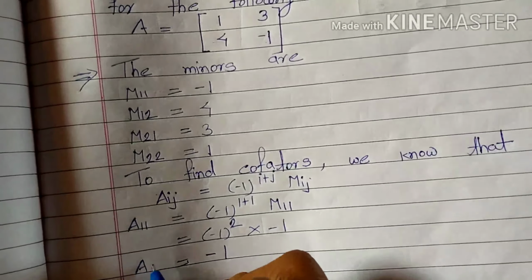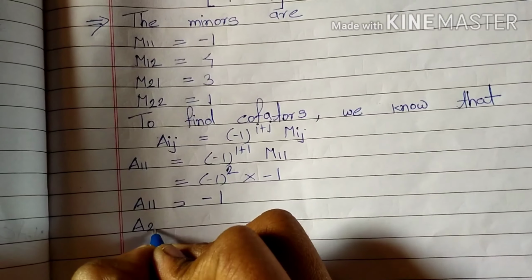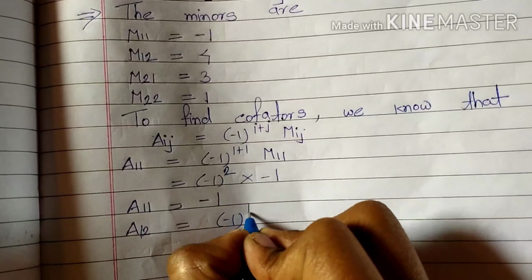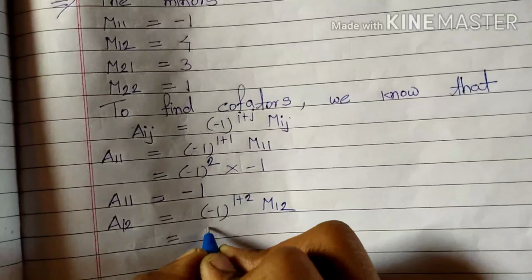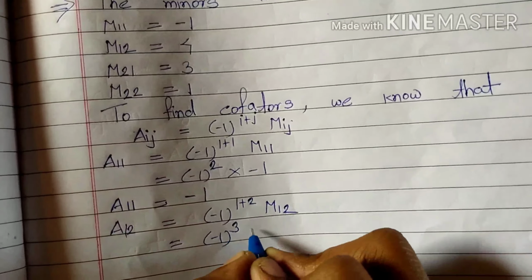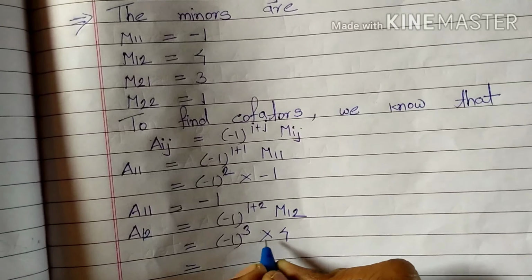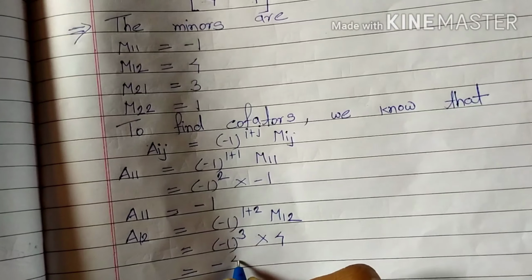So first cofactor is this. Now next, minus 1 cube is minus 1, minus 1 into 4 is minus 4.